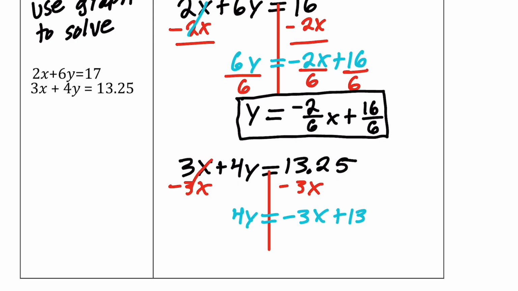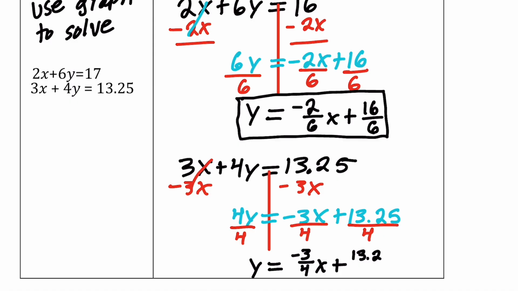My final step is to divide everything by 4. Oh, let me keep it red so that way I stay consistent. And my final answer is y is equal to, again, I'm leaving these as fractions. And there we go.